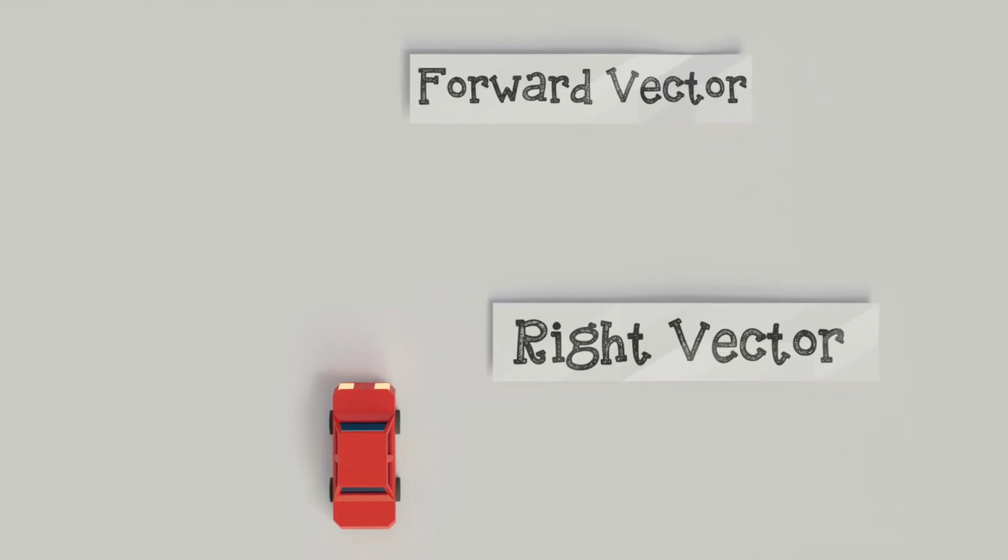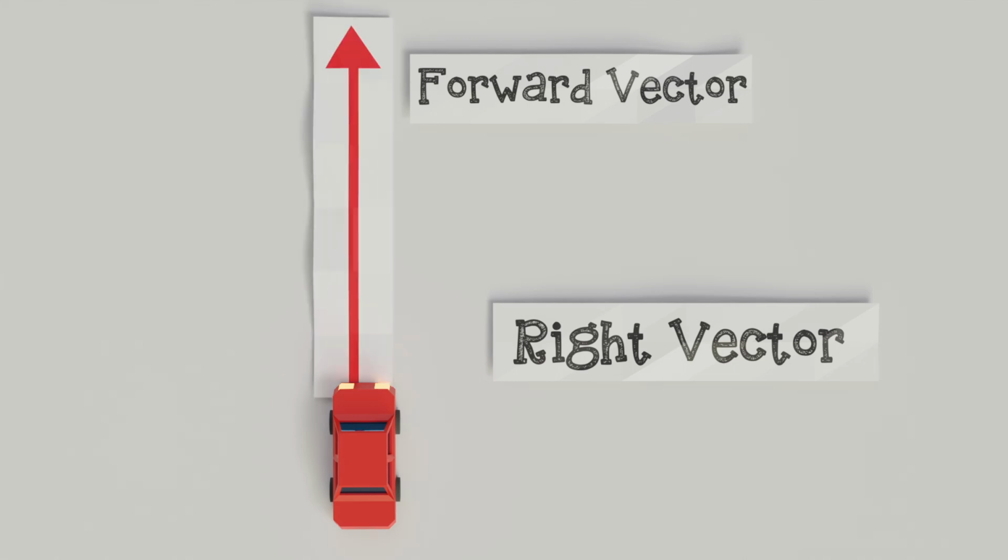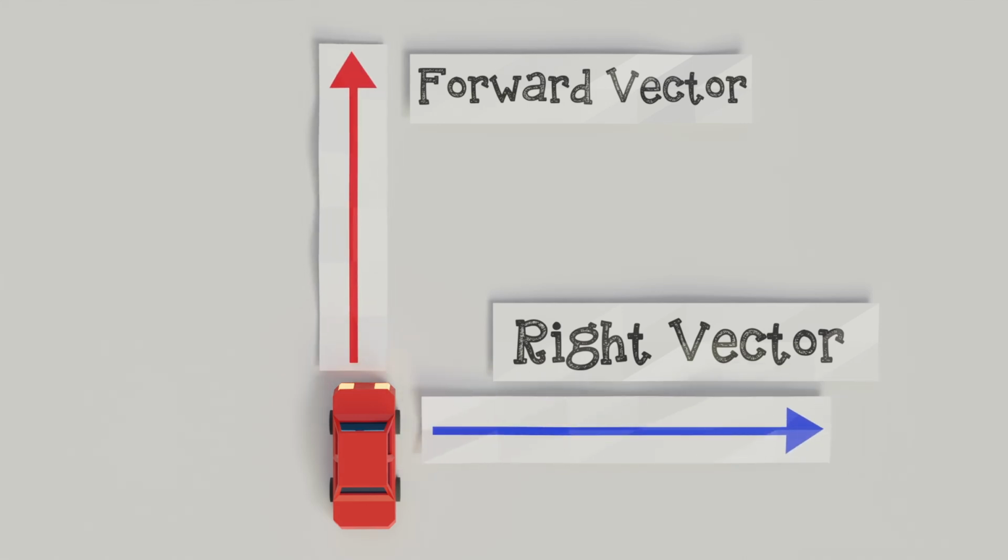Imagine you ask somebody for directions and they merely point in the general direction of where you need to go and just walk away. Kind of useless, right? Unless your destination is clearly visible. In that case, you would immediately know where to go. Forward and right vectors are types of unit vectors that indicate the forward and right directions based on your current orientation. This leads us to one of the most exciting applications of vectors, and that is video games.